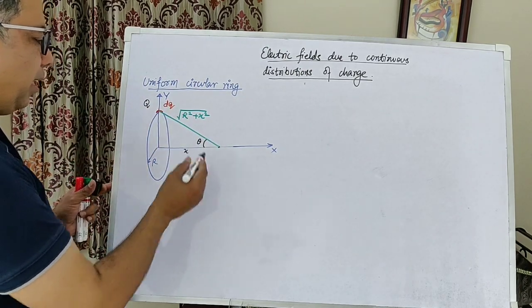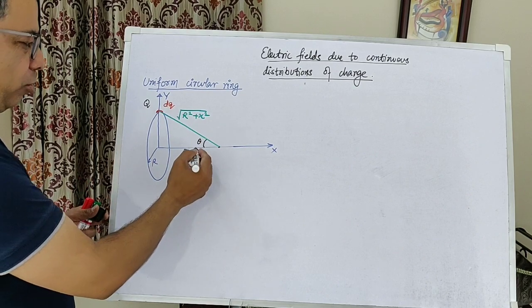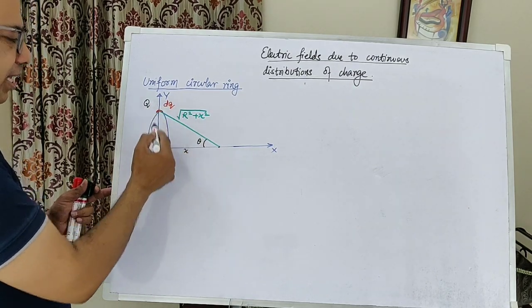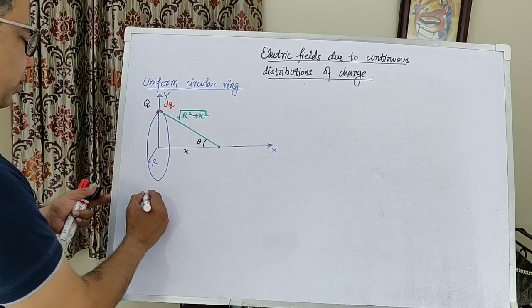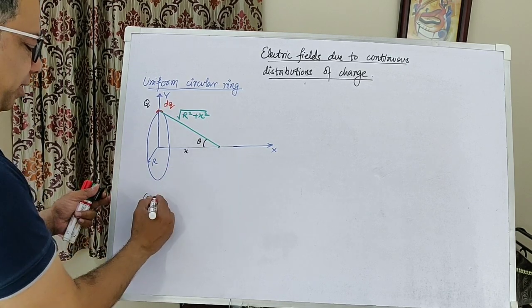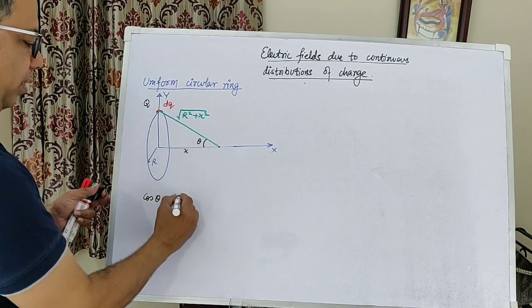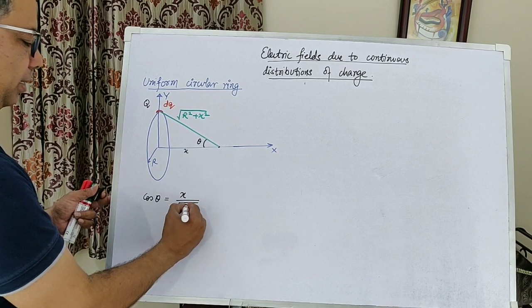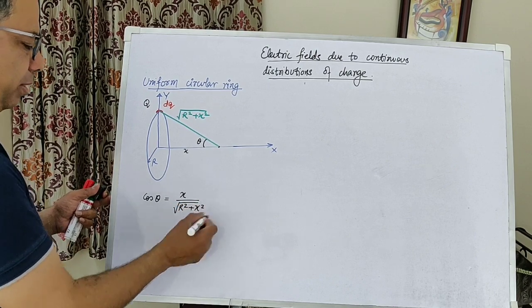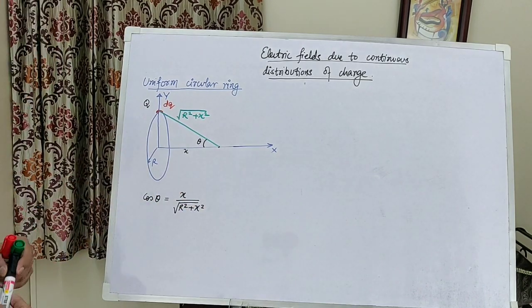Of course, the angle theta is pretty much known because from this figure we can calculate its sine and cosine. The cosine of the angle theta, for example, is x divided by root of r square plus x square. We're going to require this a little later, so we have calculated it already.